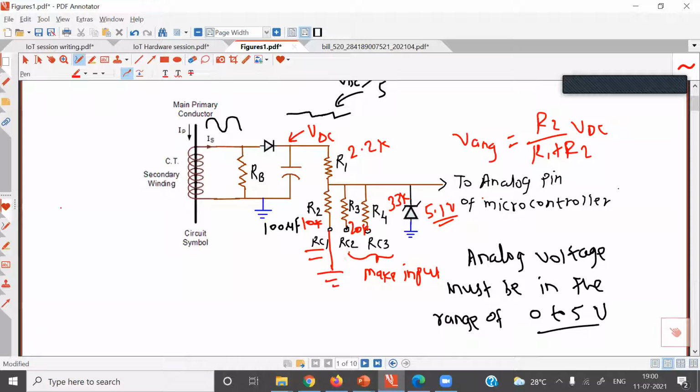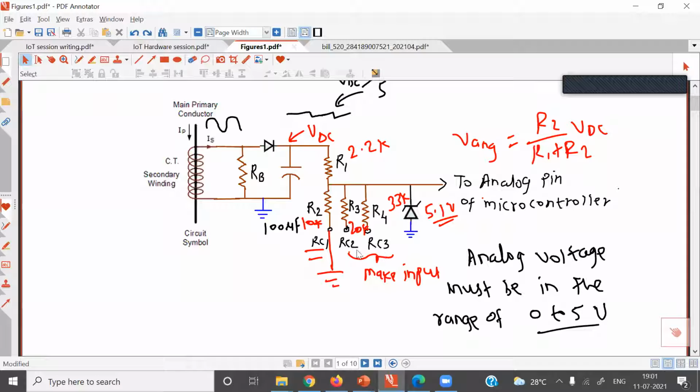Now if you ground resistor R2, so what you need to do is, just ground R3. You can ground R3 by applying logic 0 on RC2 pin. Never apply logic 1 on RC1, RC2, RC3. Your circuit will malfunction.